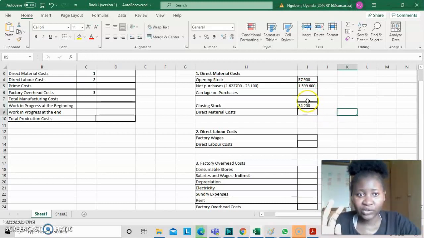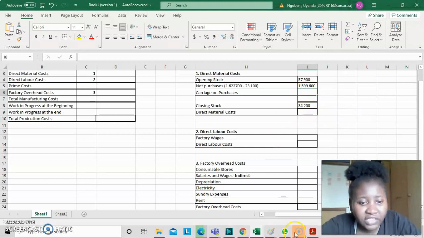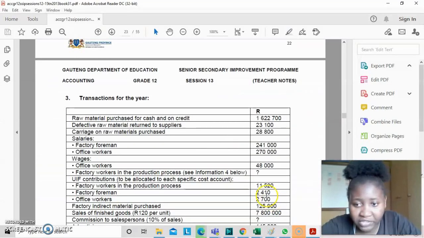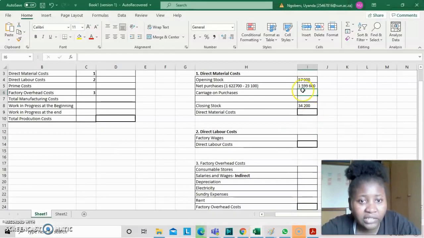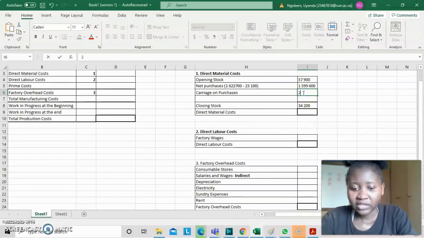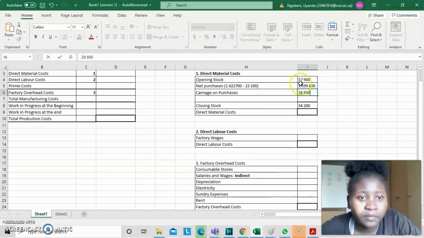Okay, so far so good, right? Okay, and then now let's see if they have any carriage on purchases. So here, carriage on raw material purchases, they do have it, which is 28,800. Okay, 28,800.